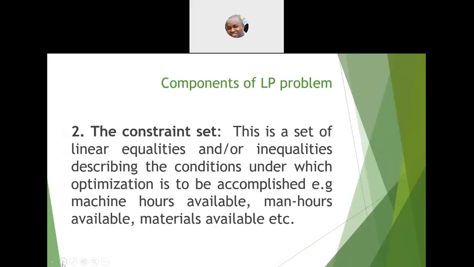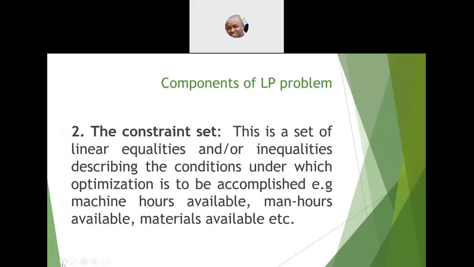And then the second component is the constraint. What are those conditions under which the optimization must be accomplished? If, for instance, we want to maximize our utility, we'll maximize our utility subject to our income.